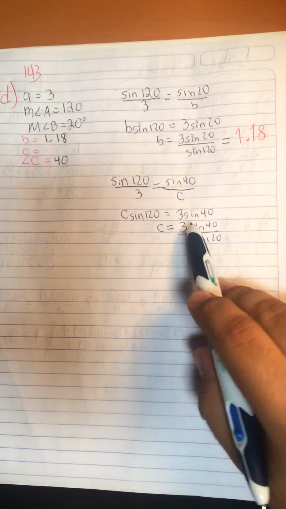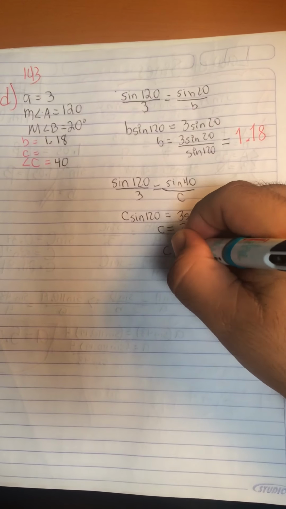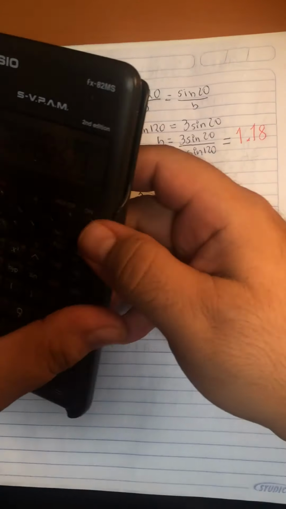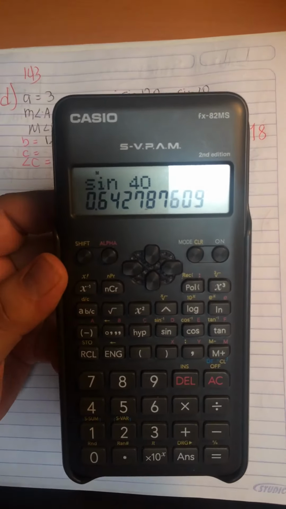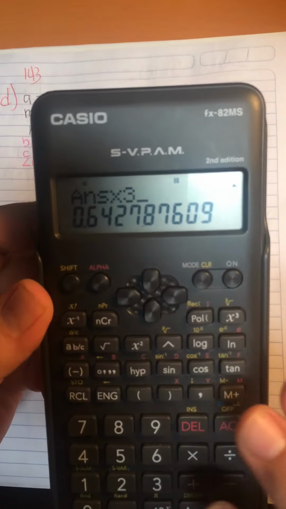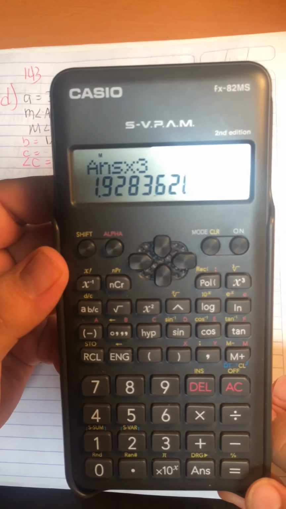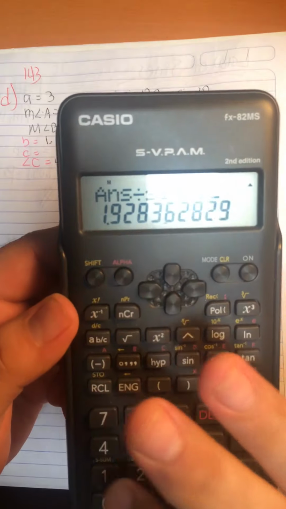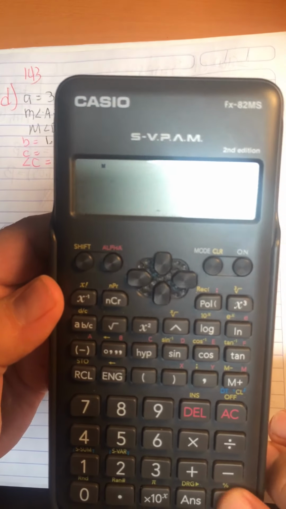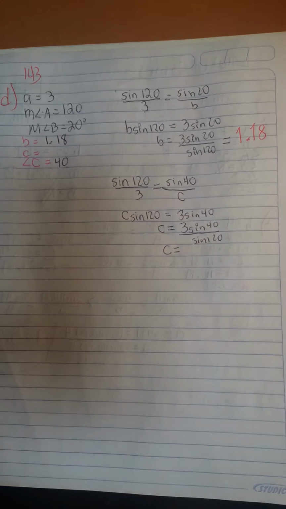Okay, so C is going to be sine of 40, this number, times 3, 1.92, divided by the sine of 120, 2.22.